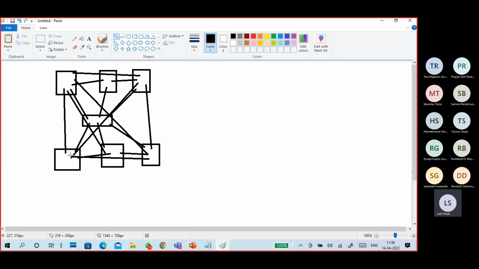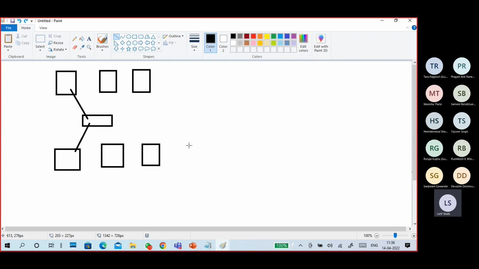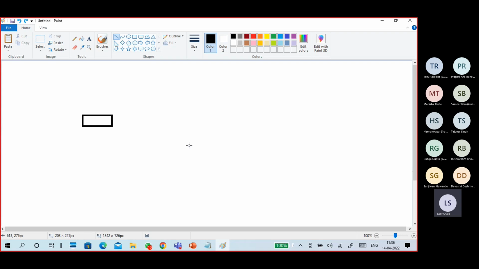It is more clumsy. If you combine two different types of topologies, you can also call it a hybrid topology. So full mesh topology means star topology plus mesh topology. You can create a full mesh topology.